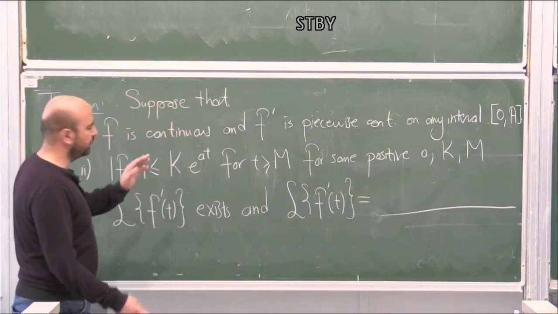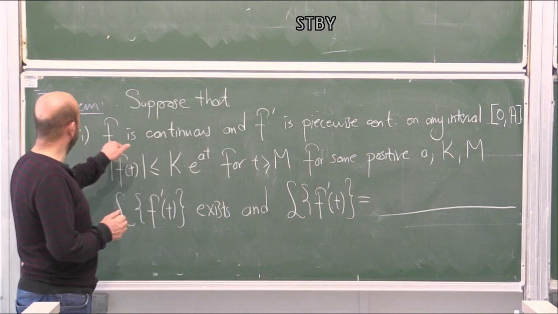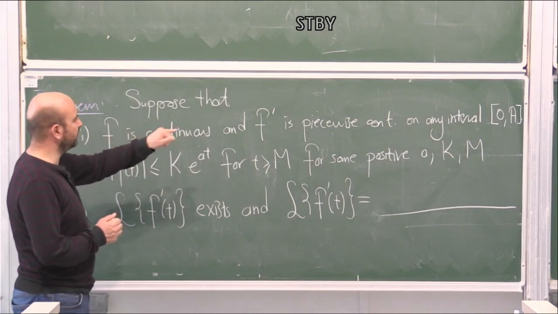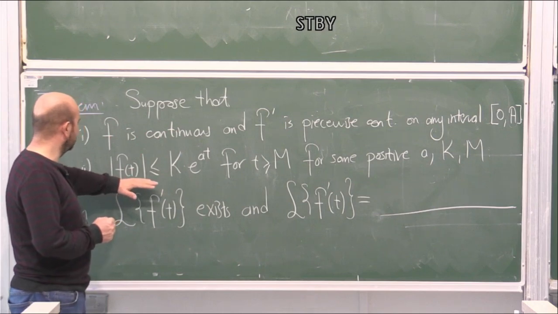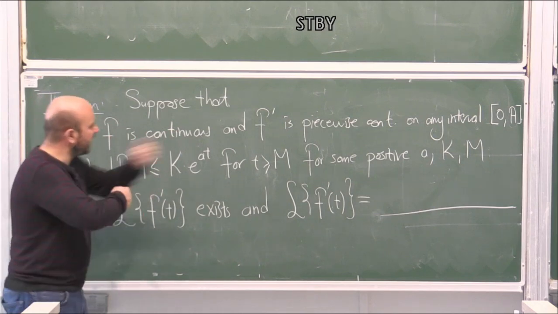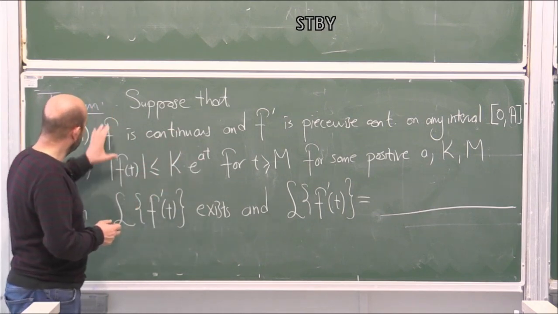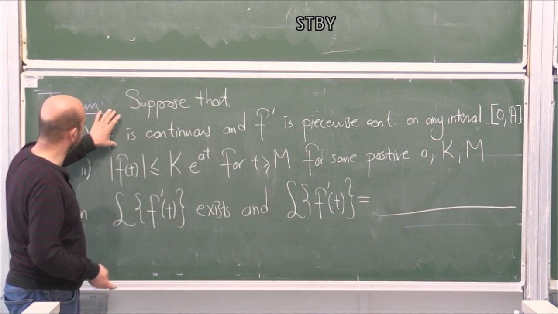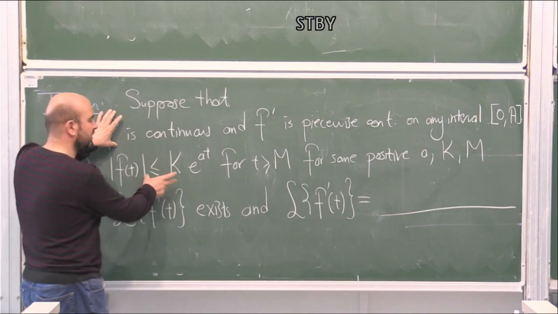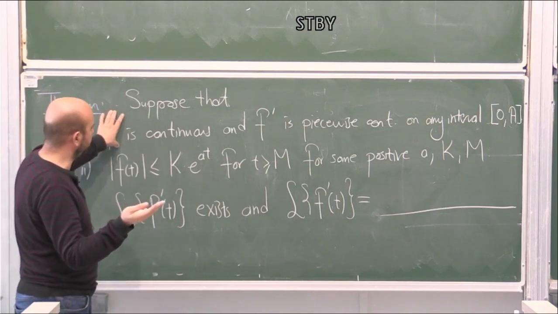If you remember the previous theorem, we were assuming f is piecewise continuous, and f has an exponential order. It's not faster than an exponential. This one guarantees f is continuous, so it is automatically piecewise continuous, and this condition says that f will have a Laplace transform.